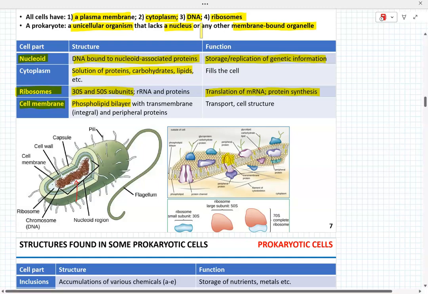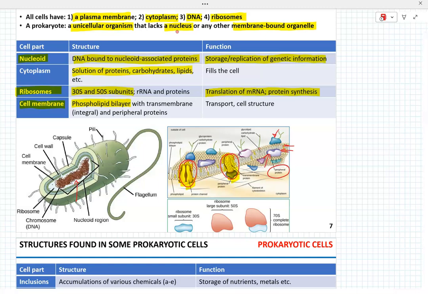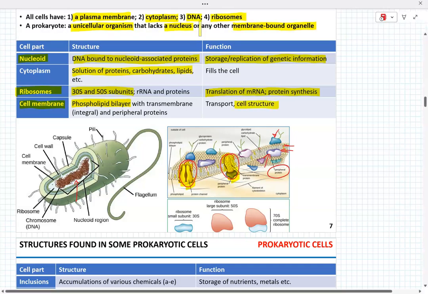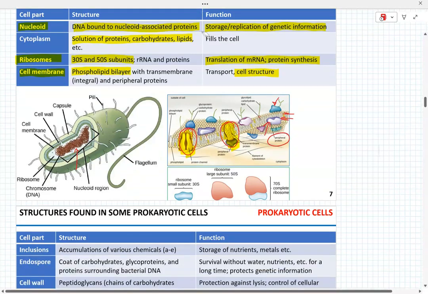It contains various transmembrane proteins that span the thickness of that bilayer, as well as peripheral proteins, which can be seen here and here, and are located on either the outside or inside surface of the membrane. The key function of the cell membrane is the transport inside and outside of the cell and the maintenance of the cell structure.